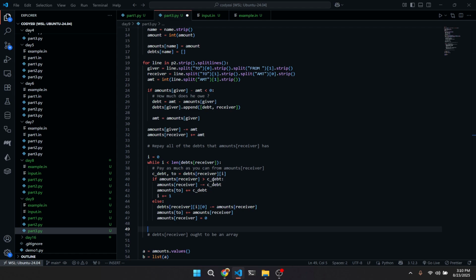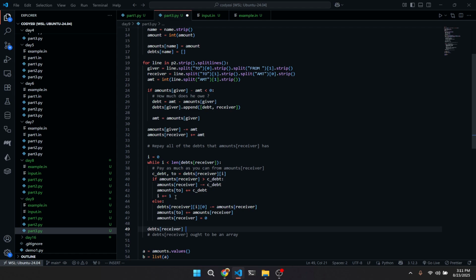And here, if I was able to pay all of my debts, so debts at receiver should be, right. So if I can pay all of them, then I would be the length. If I can't pay all of them, for example, if I is 1, and that means I wasn't able to pay 1, right?